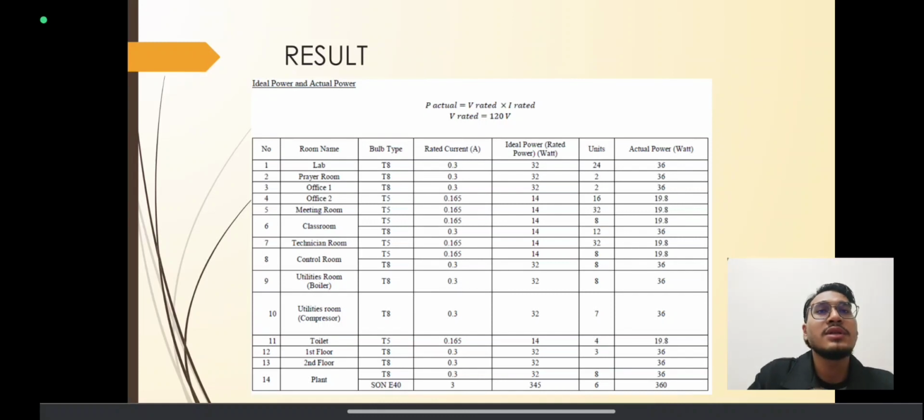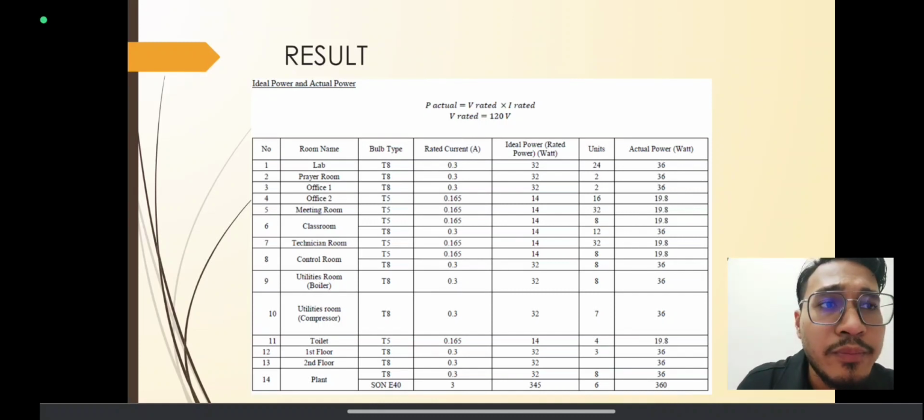So this is the result that I got from my lab study. This is the ideal power and actual power using the formula P equals V rated times I rated.